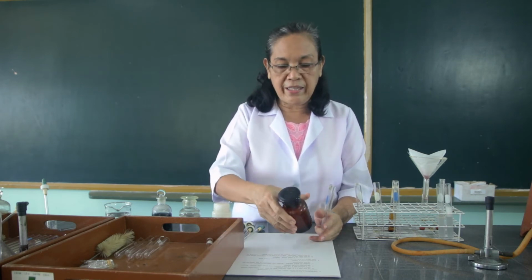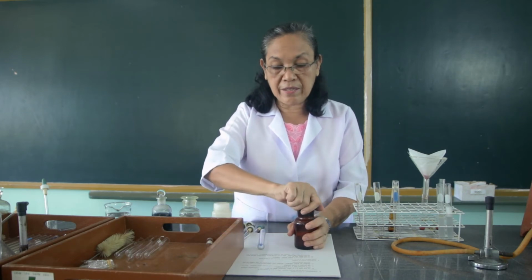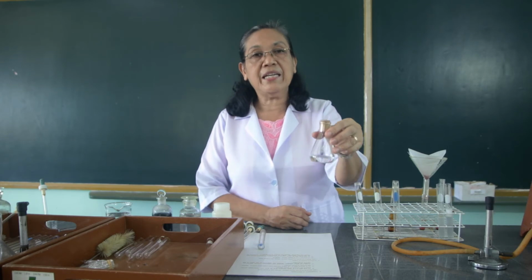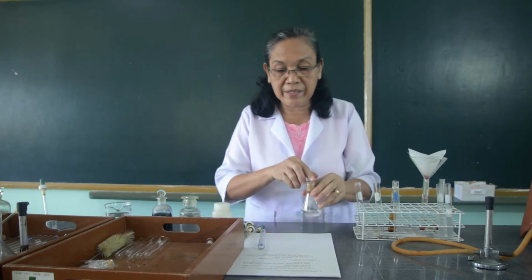let's divide this into 3 parts. So this is the arsenosulfide. We will use 6 ml of this and we will divide this into 3 parts.